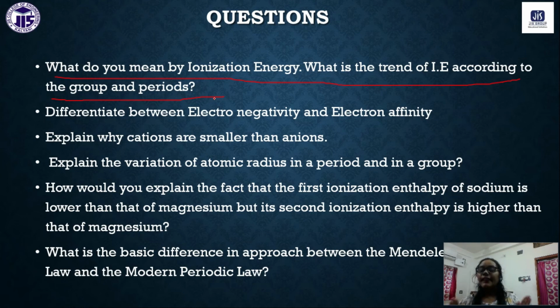Size decreases means the nuclear attraction force will increase, and that's why the electrons will be more strongly bound with the nucleus, and thus we have to provide much more energy for the removal of that outermost orbital electron. That is why ionization energy increases along the period.